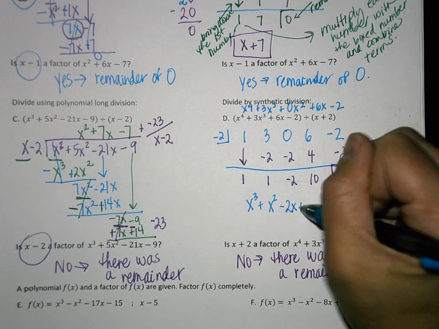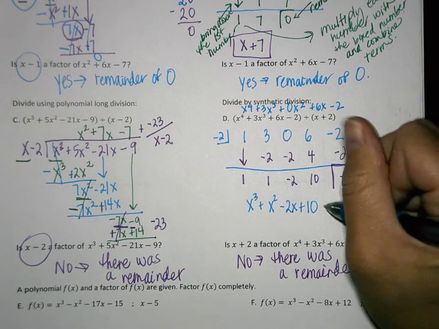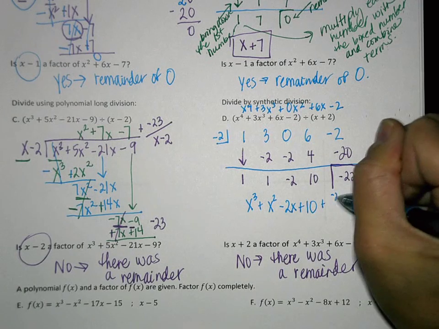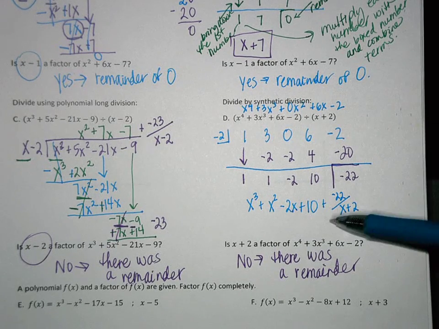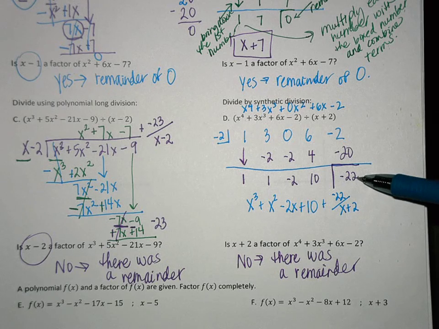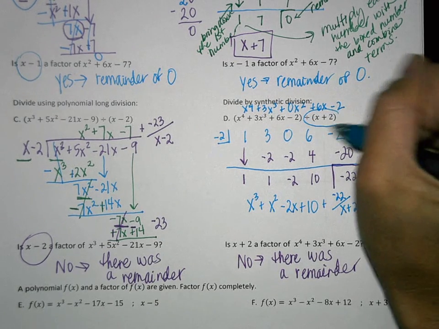And do you remember how I said you write the remainder? Perfect. So it's plus, and then you have -22, which was our remainder, and we divide it by whatever we're dividing by, and we're actually dividing by x plus 2.